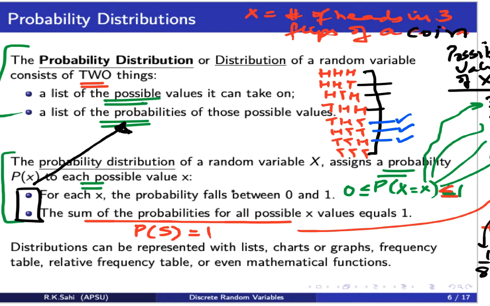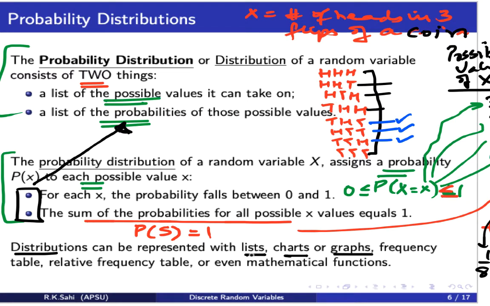Okay, now you would have asked a question, what is distribution? What is the need of a distribution? What does distribution mean, guys? In very plain, simple words, a distribution of any variable, here a random variable, can be represented with lists. We can represent this with charts or graphs.